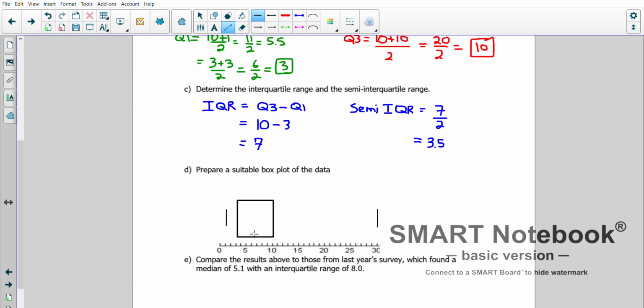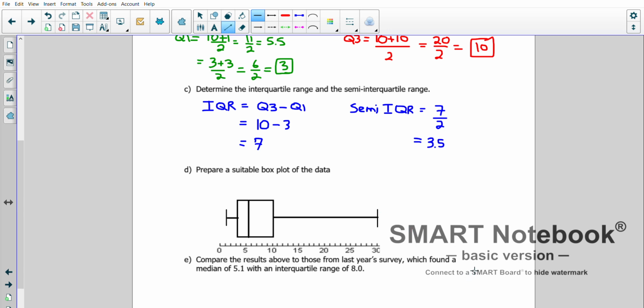So that would be right about there. Okay. And then you would go ahead and join these. So that's a box and whisker plot. You should also label it as well, so I'll take the time to do that. But there's a box and whisker plot.